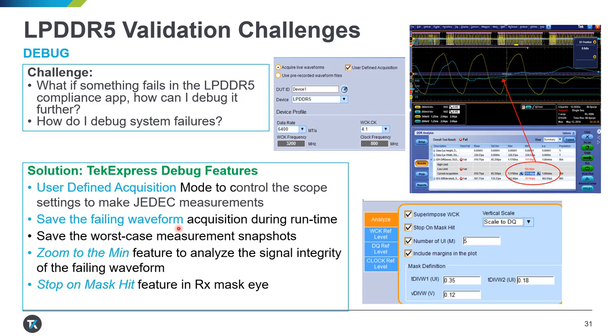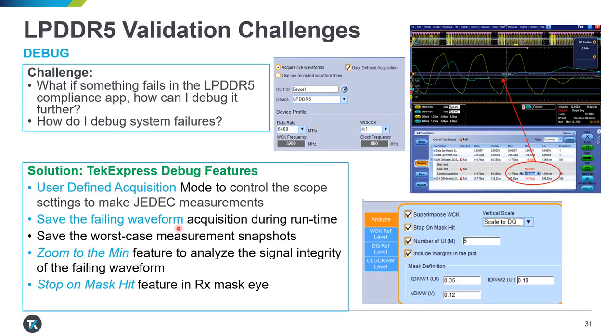Let me give you a small example of how this feature will be useful. Let's say you selected a test, and to run that test, you want to capture 1 million UI. That's a lot of UIs. And depending on the traffic on the bus, the scope might have to acquire multiple times to get to that 1 million UI.